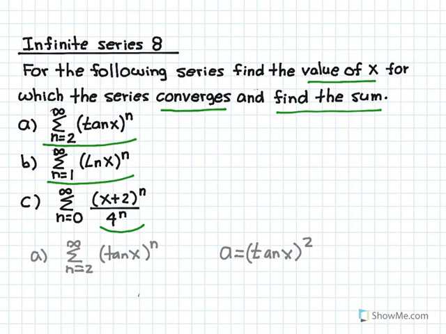The common ratio, of course, is the stuff in the brackets, the thing that's being raised to a power. So the common ratio r is equal to tangent x. So we have the first term a is equal to tan squared x, and the common ratio r is equal to tan x.